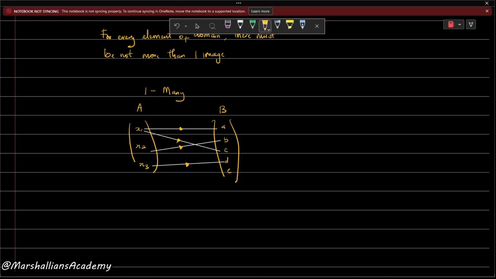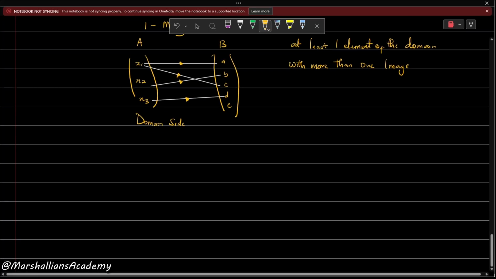The image of x1 is A and C. On the domain side, there is at least one element of the domain with more than one image. That's a one-to-many relationship. Does that make sense?